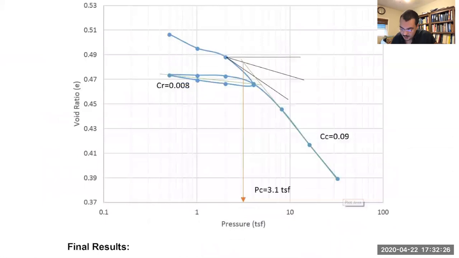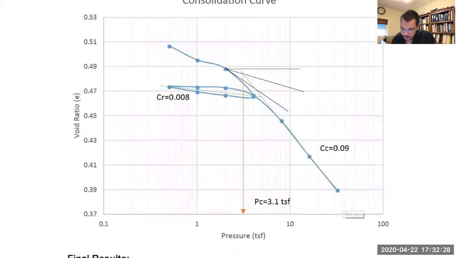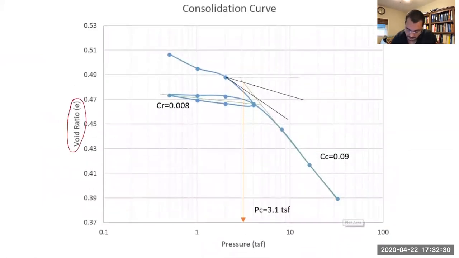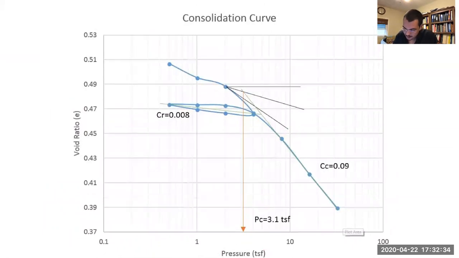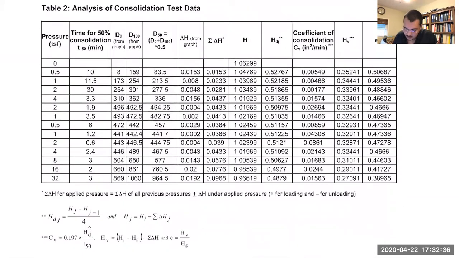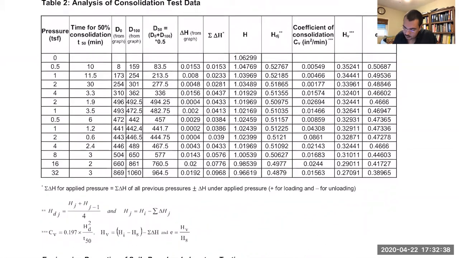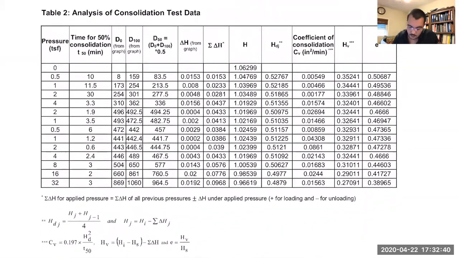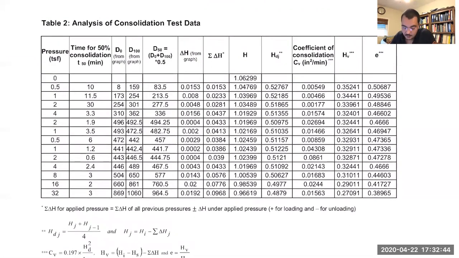Now, another important plot that you get is here, the void ratio and pressure. And again, we know how to find time for 50%. This is all from Taylor's method.